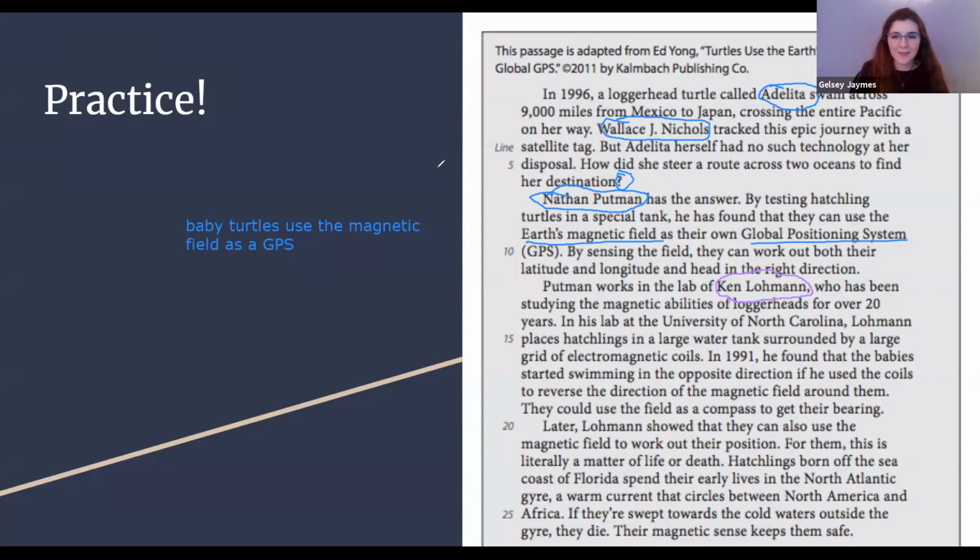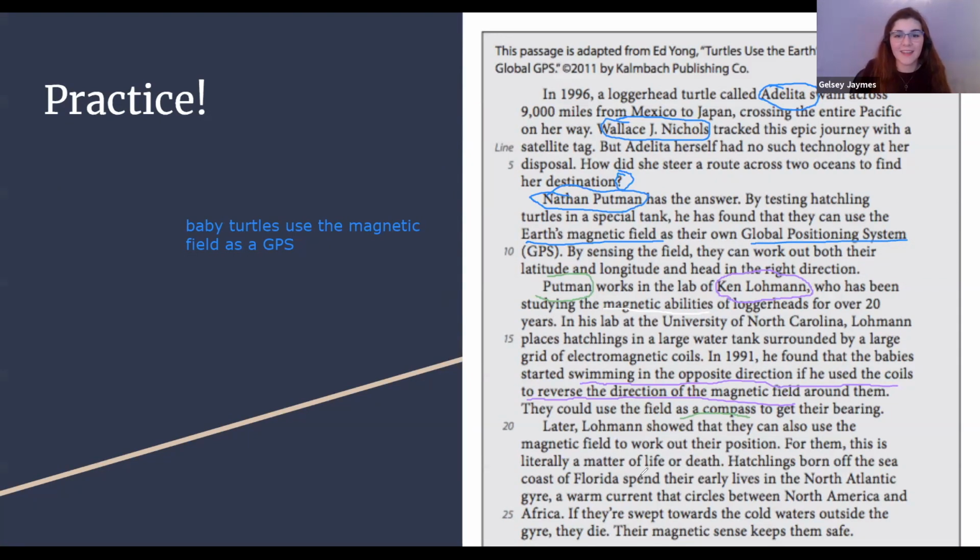Oh, didn't Audrey want to put something? Yes, another mention of that man from before. Great. Yes, magnetic abilities. Those are very important to highlight. Yes, and we want to make sure we know that the babies started swimming in the opposite direction if they used the coils to reverse the direction of the magnetic field. Those are some very important points that we would want to highlight.